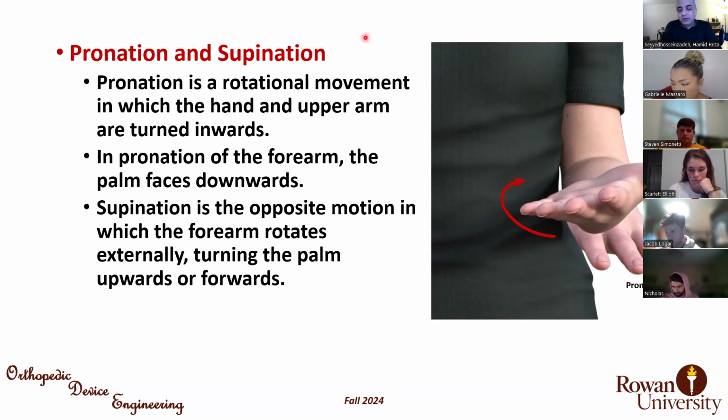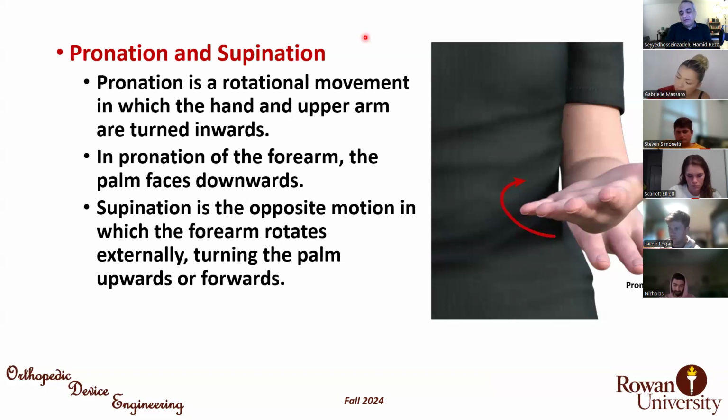But if you keep your arm attached to your body, flex your elbow and hold your palm up, now if you rotate your hand and turn the palm down, as you see in the picture, this motion that turns your palm down is called pronation. And when you return it and turn your palm up, it is called supination.